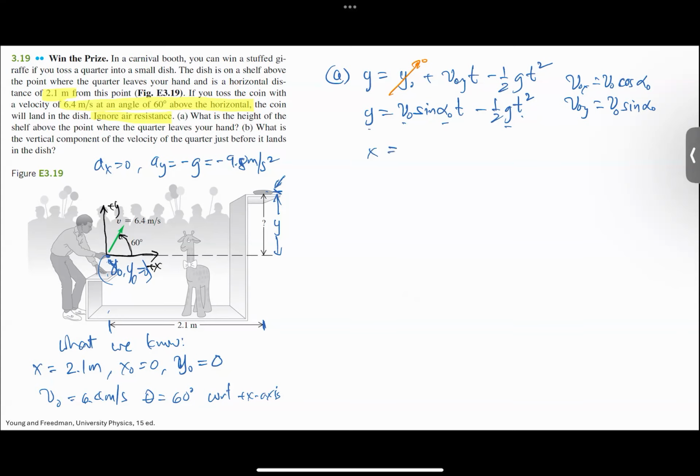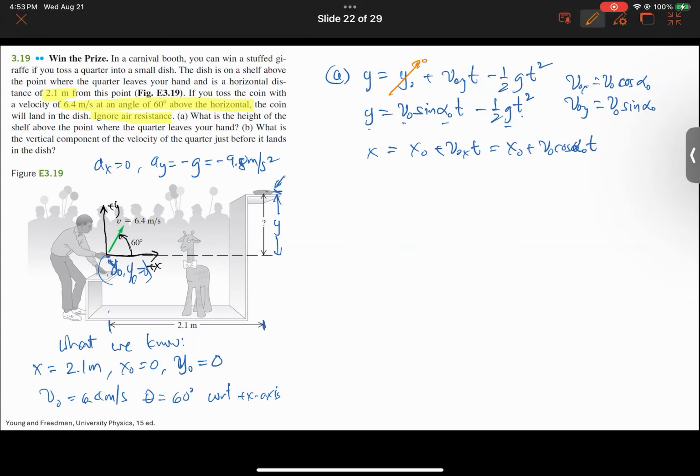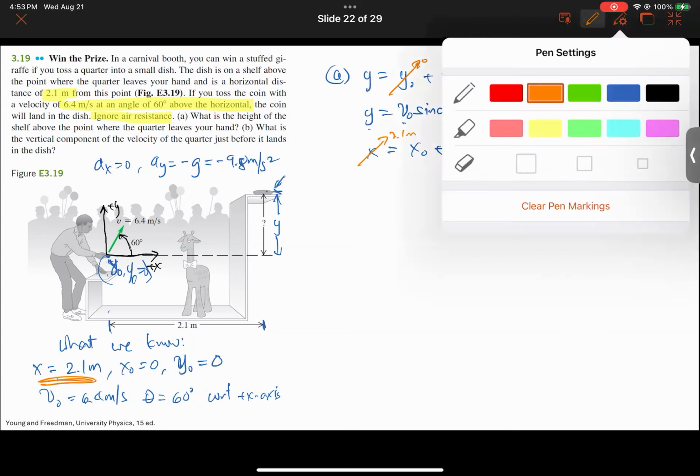x. If we do that, x equals x naught plus v naught x t, or x equals x naught plus v naught cosine alpha naught t. It looks like we can solve for the time here, because we know this is 2.1 meters, which is given, and we know v naught and alpha naught.